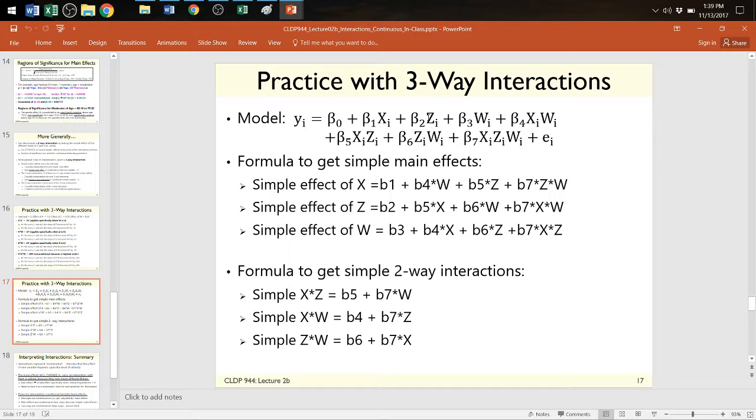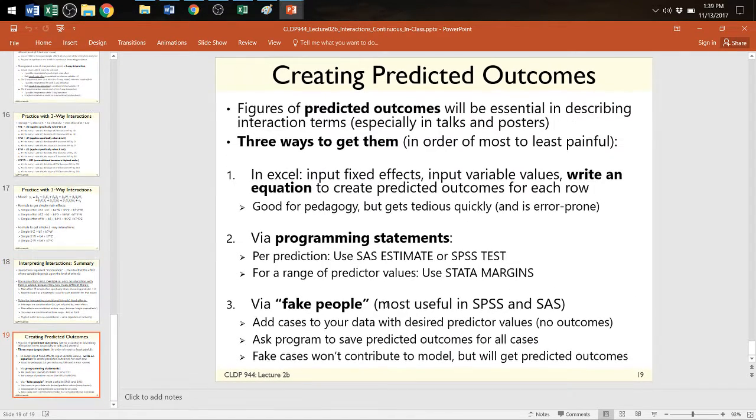Search the model, find the term you're interested in, pull out all of the fixed effects that have that term embedded in it, and then you can figure out what the simple effect would be for any combination, including main effects and interaction terms. Fake people is where we ended up with, right? What are fake people for?